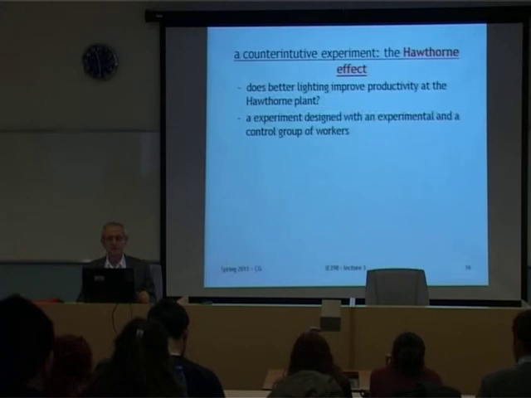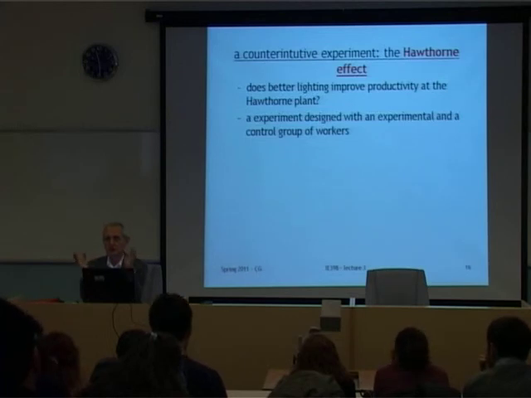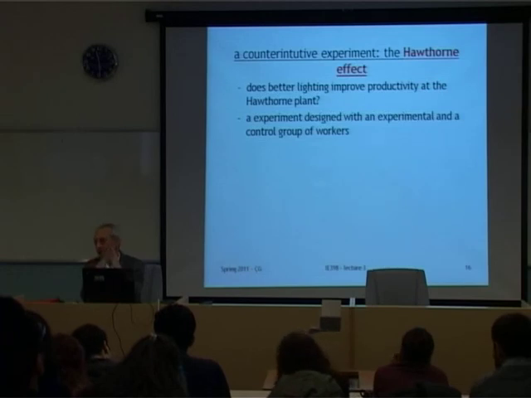An experiment designed with an experimental and a control group. Now, these are important in science. When you are conducting experiments to discover a cause and effect relationship in science, which is the most powerful relationship, if you can establish it.